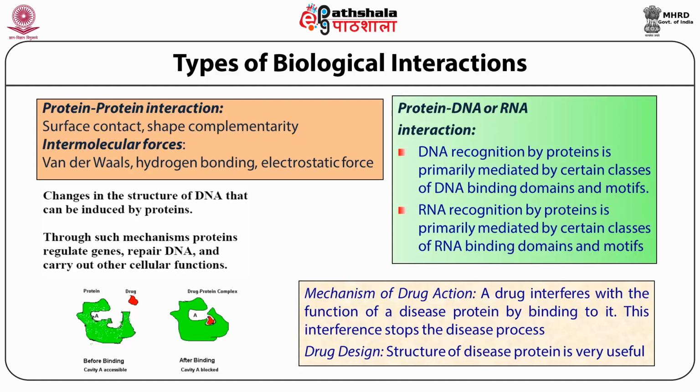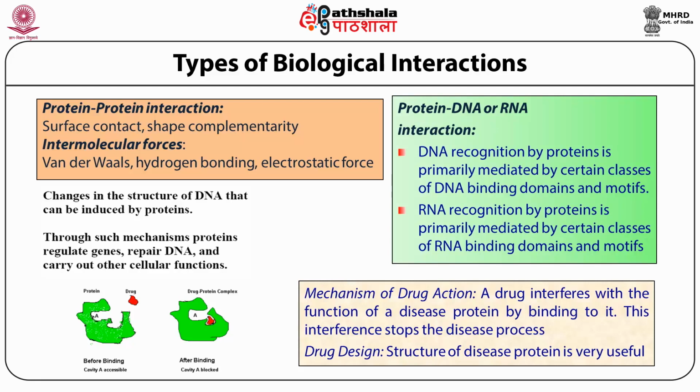On the other hand, RNA recognition by protein is primarily mediated by certain classes of RNA binding proteins that have RNA binding motifs or domains. Changes in the structure of DNA can be induced by protein, and through such mechanisms the protein regulates gene expression, repair of DNA, and carries out other functions.